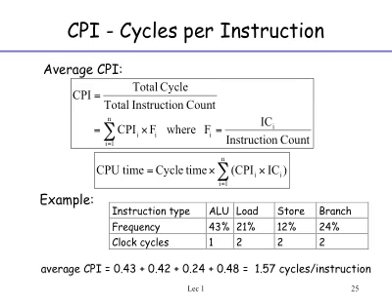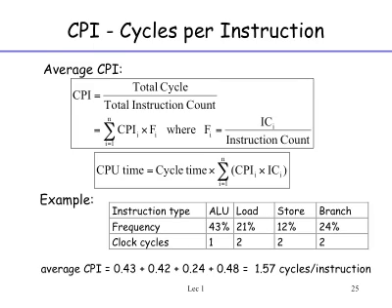Let's assume we have such a workload. For each of these four types of instructions, these are the clock cycles needed for the instruction to complete. It takes 1 cycle for ALU and 2 cycles for all the other three types of instructions.